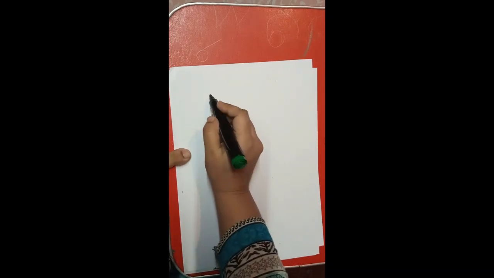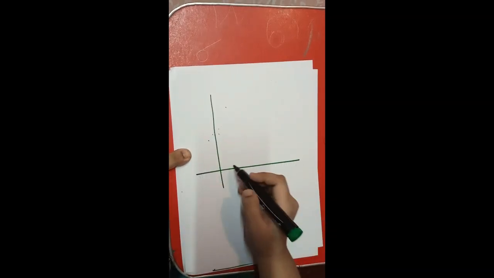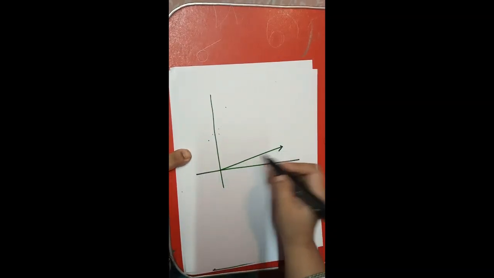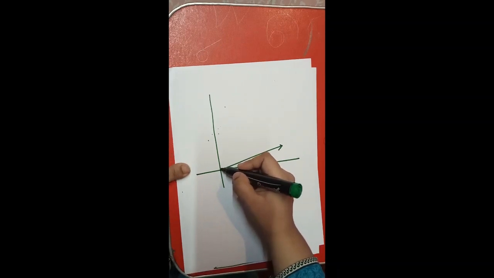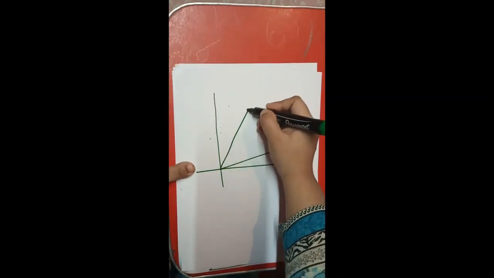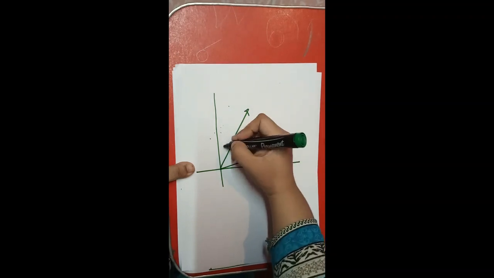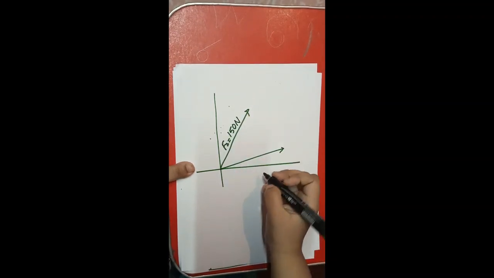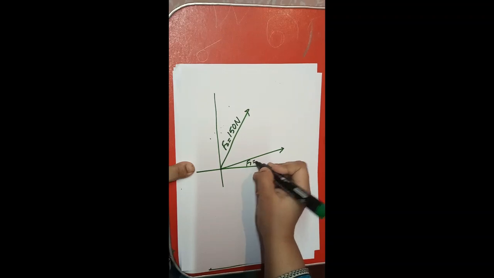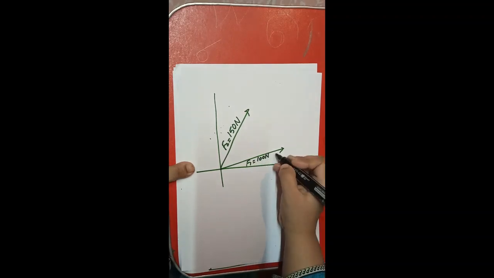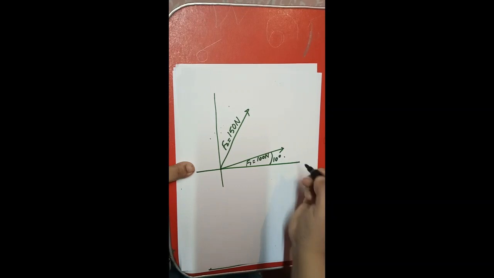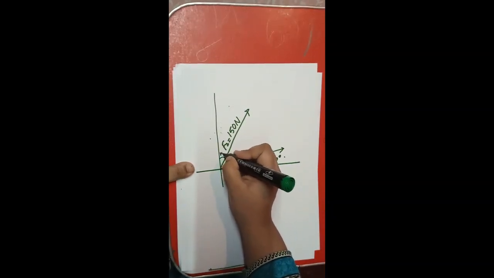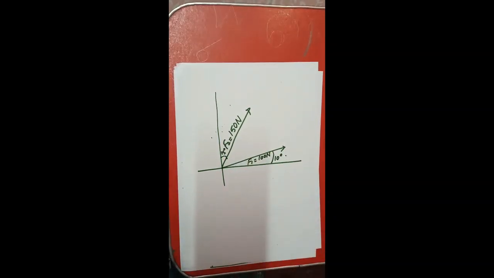If I draw this diagram again, this is the force, this one is also a force, F2 equals 150 Newton, F1 equals 100 Newton, and this is 10 degrees and this one is 15 degrees.